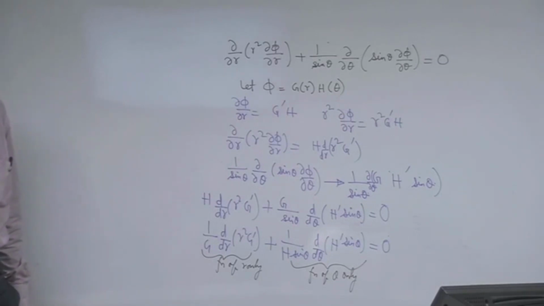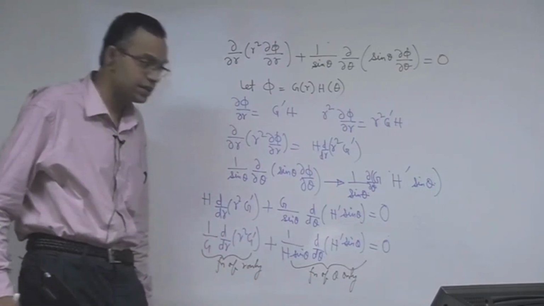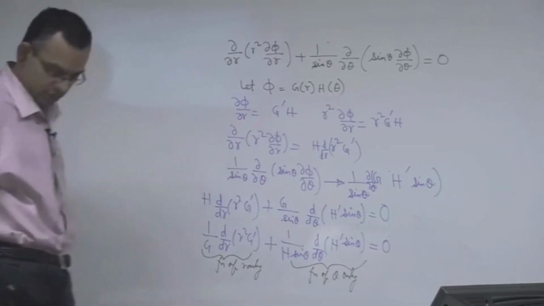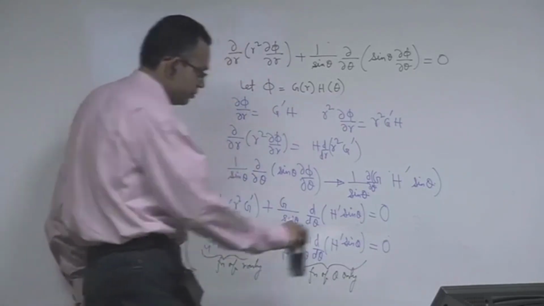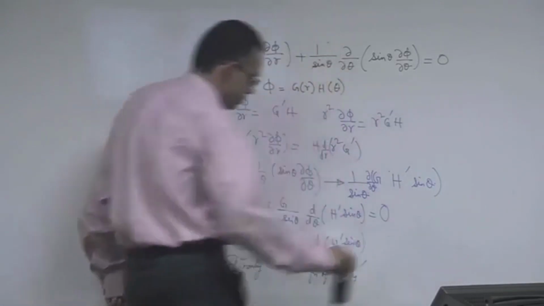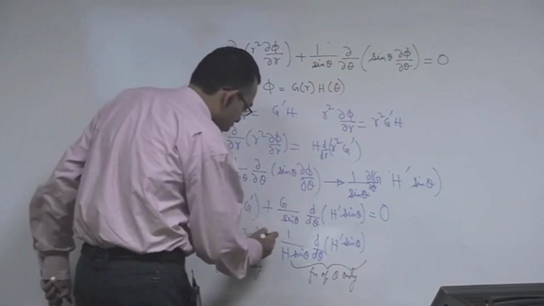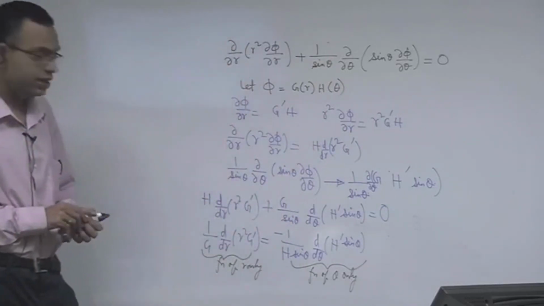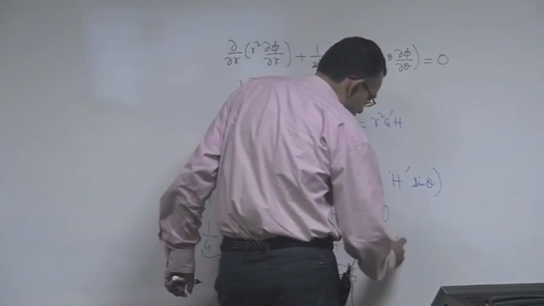So, a function of r only is equal to a function of theta only, which means each is equal to a constant. So, we can write that this is equal to minus of this, equal to k, say.